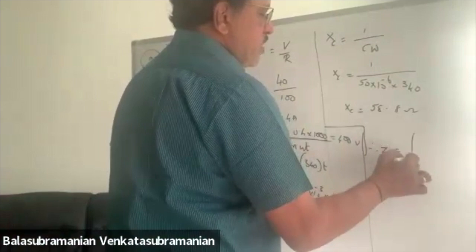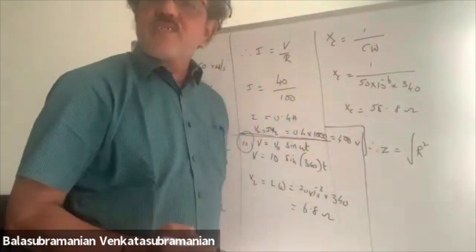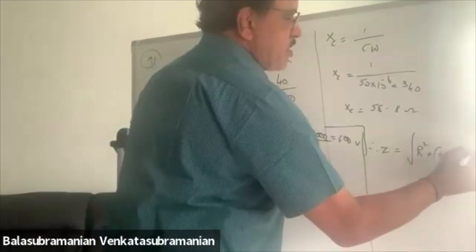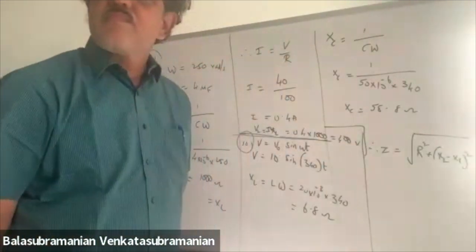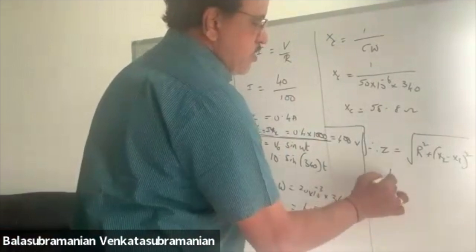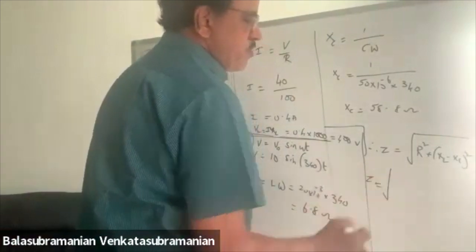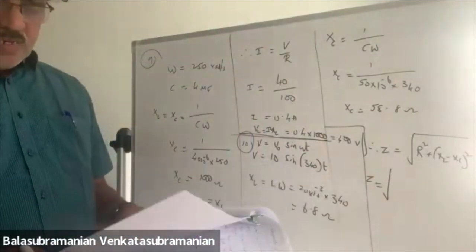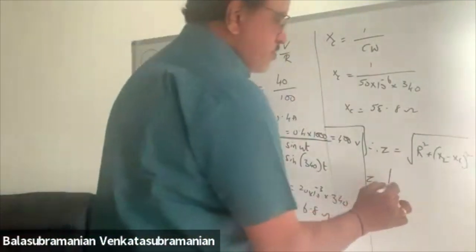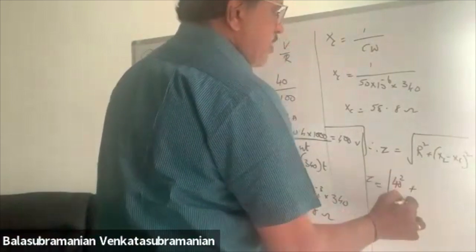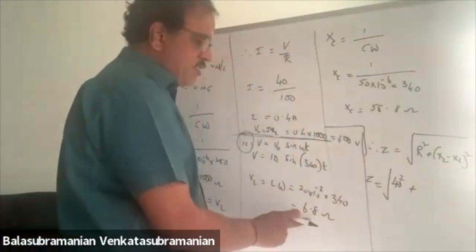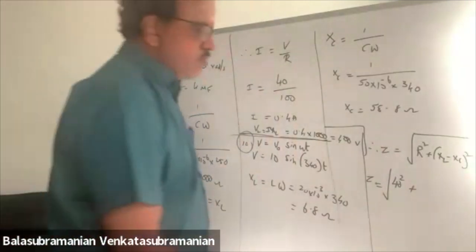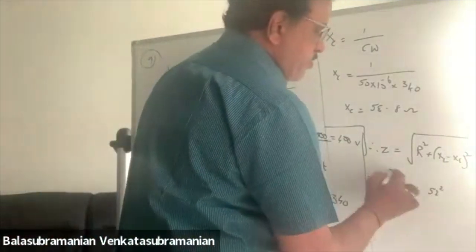Therefore, Z is equal to root of R square plus XL minus XC the whole square. What is the resistance value? 40 square plus 58.8 minus 6.8, so it should be 52, 52 square.